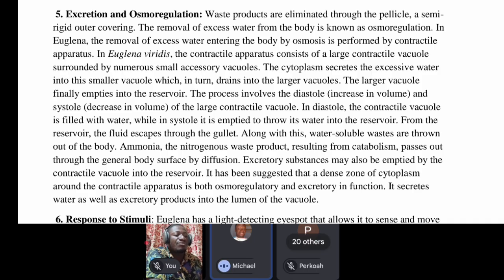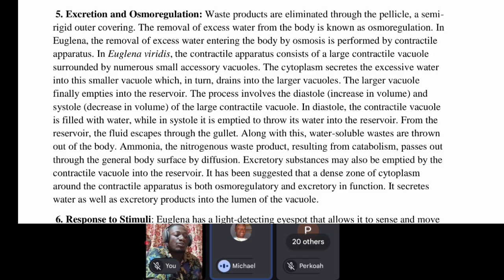So the contractile vacuole consists of a large contractile vacuole, which is surrounded by numerous small accessory vacuoles, and the cytoplasm secretes the excessive water into the smaller vacuoles. So any excess water in the cytoplasm will enter the smaller vacuoles.